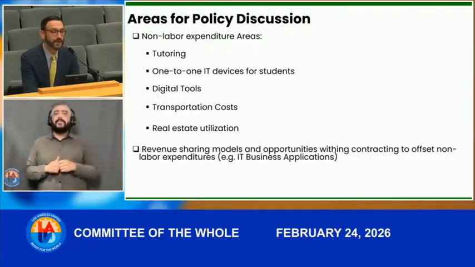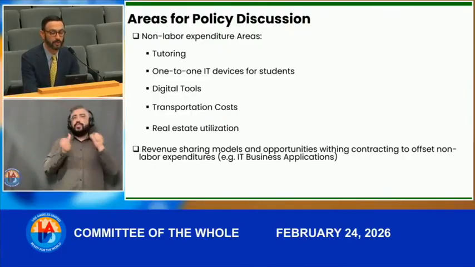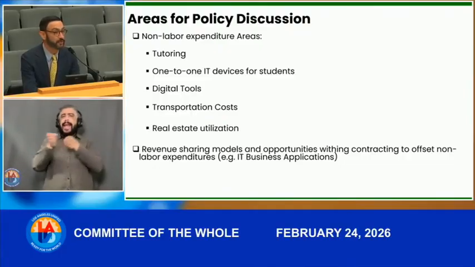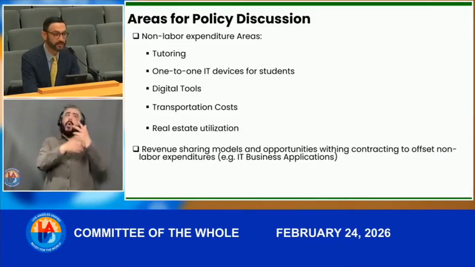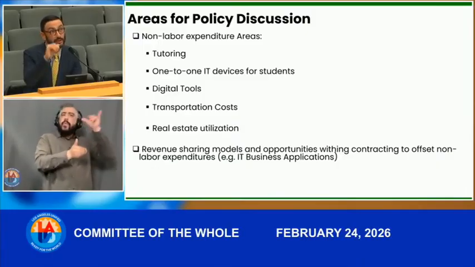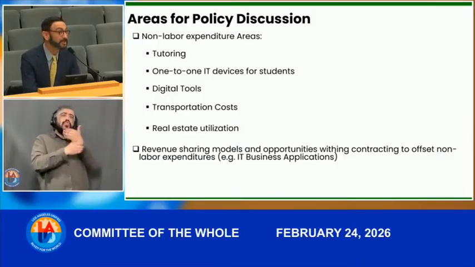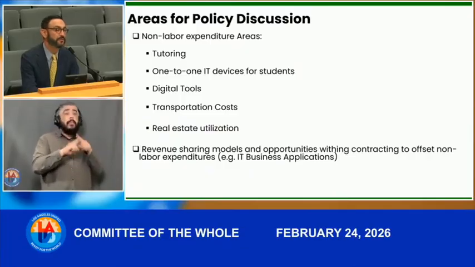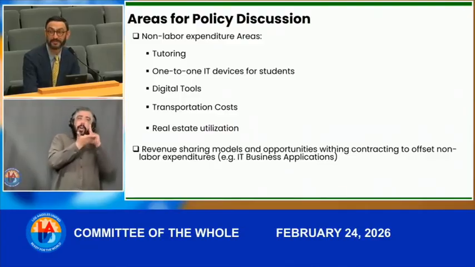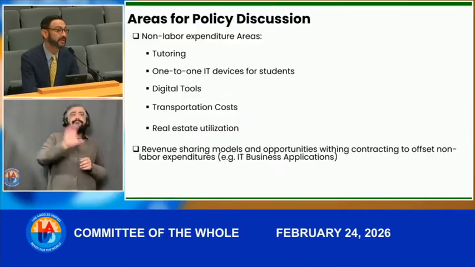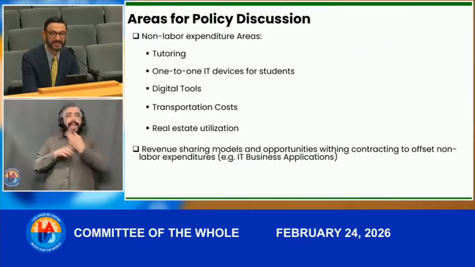Also, we're always trying to be as creative as possible when we're contracting for services. So we always want to get the best price, we always want to get the best value. There are competitive processes that ensure that we are getting a good price and a good value. But there are sometimes even opportunities for revenue sharing models. So opportunities within contracting to offset the amount of spend that we have in non-labor expenditures. And that's especially true.